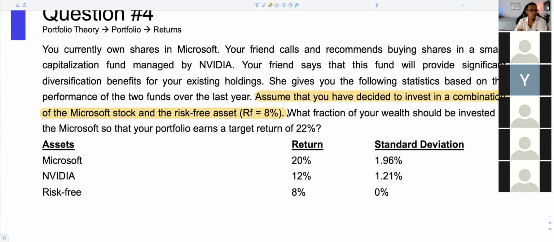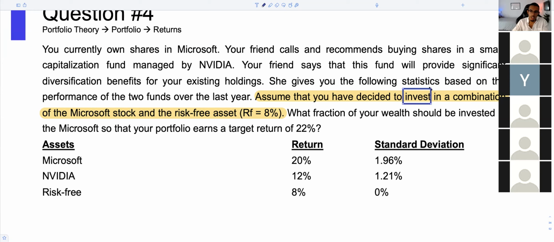So let me ask you this. Where are we investing our money? Somebody put it in the chat. According to this question, according to what we just highlighted, where is our money invested? This should be clear. It's highlighted in yellow on the screen.